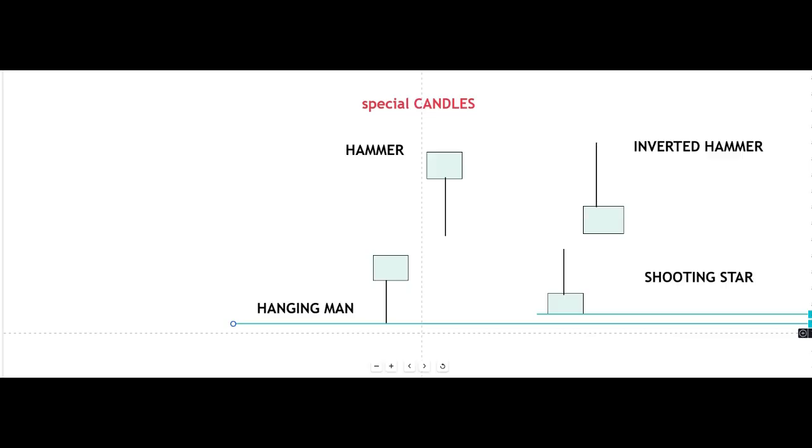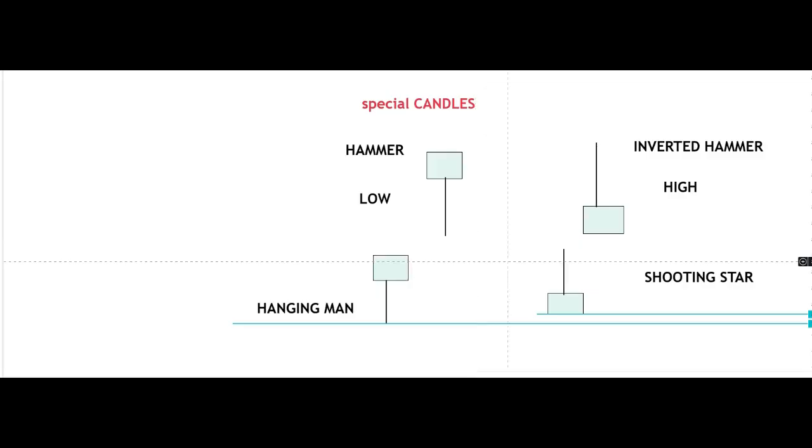Then it is called a hanging man. And what is the significance of each? A hammer is more significant when it is formed at a low. In the same way, an inverted hammer is significant when it is formed at a high of the trend. A possible reversal will happen if you see a special candle.